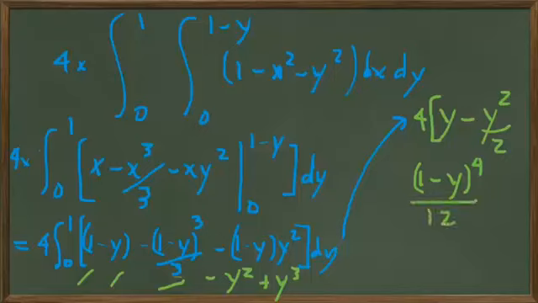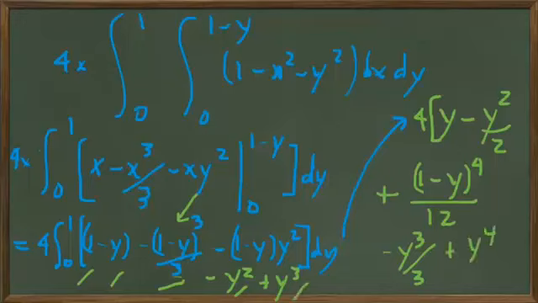If you differentiate that back, you'll see that you get this back, and then we integrate minus y squared and get minus y cubed over 3, and y cubed finally gives y to the 4th over 4, and everything is evaluated between 0 and 1.